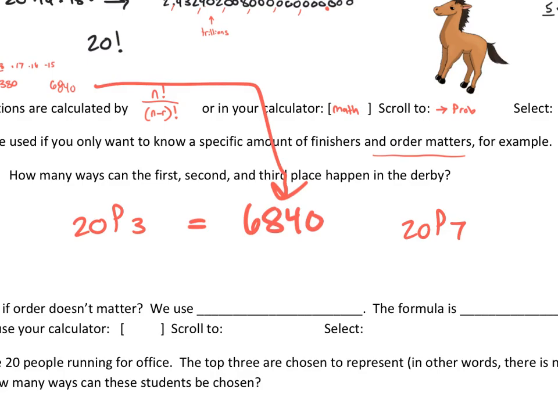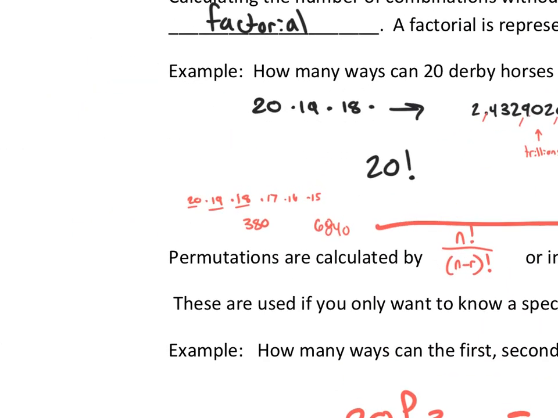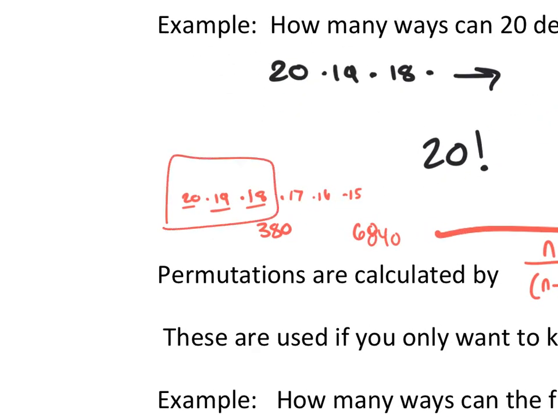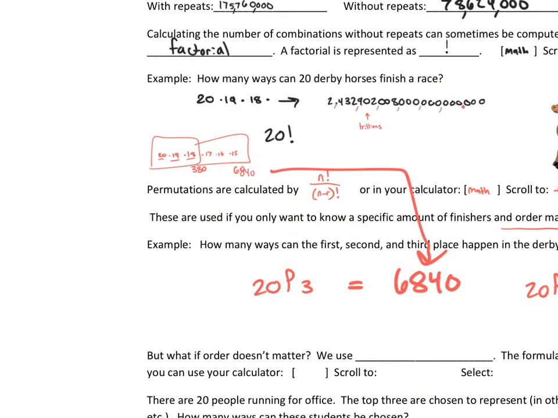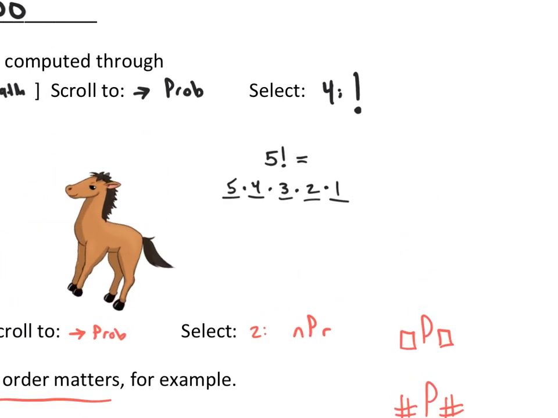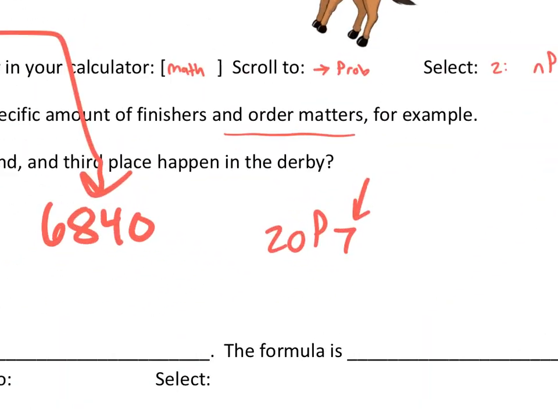So it's a way to do the factorials, but where it's not going to go all the way down to 1, or maybe just a piece of 3, or a piece of 6, or whatever amount of pieces that you want. So that's what this formula is good for. Because factorials, when you use the exclamation mark, take you all the way down to 1. With these, you can select smaller pieces.